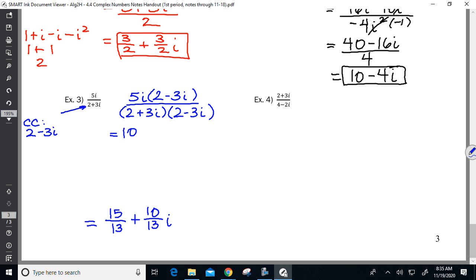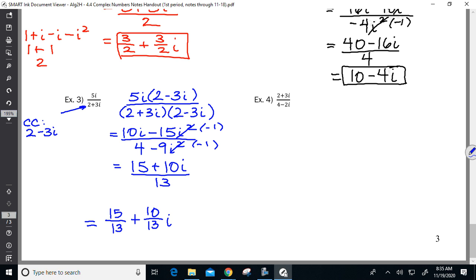So 10i minus 15i squared should be at the top. If we work out the bottom, you would have 4. The middles would drop out, minus 9i squared. Take care of our i squareds. Remember, do not leave i squared in the problem. 15 plus 10i over 13.